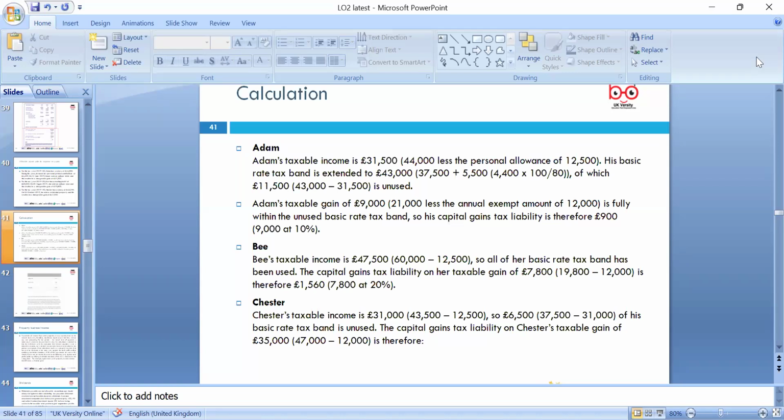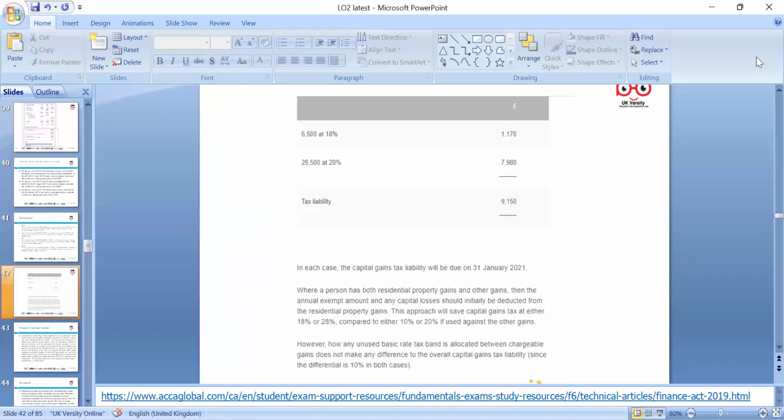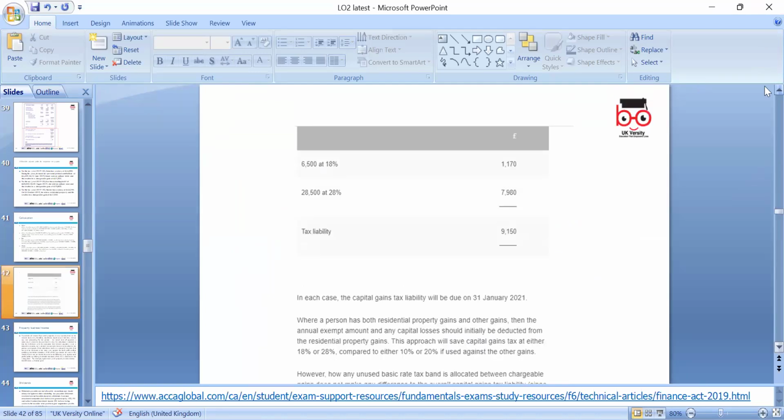So the basic rate band is unused. So the capital gain liability of the adjusted figure: 47,000 minus 12,000, which is exempt, and then 35,000 times 10%. So that's the way we can calculate the tax liability.